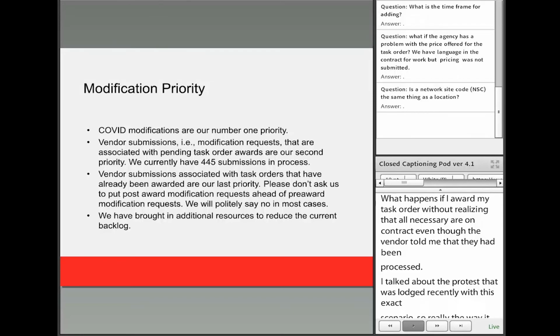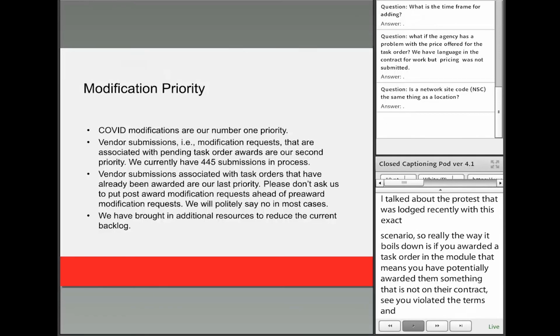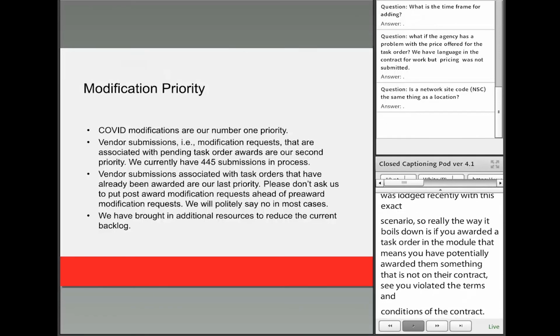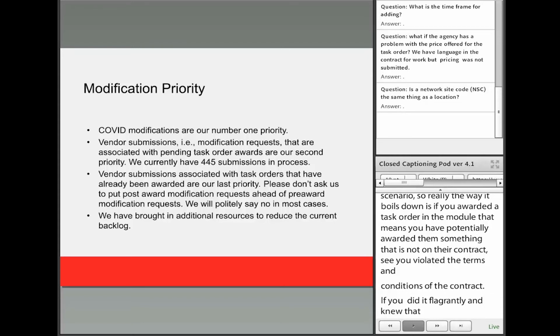If you did it flagrantly, you knew that the mods weren't awarded, and you just said, I don't care, I don't have to obey the rules, we will revoke your DPA. And that is not something we take lightly, but our vendors have complained about this.